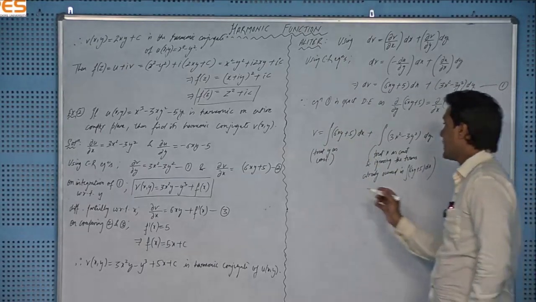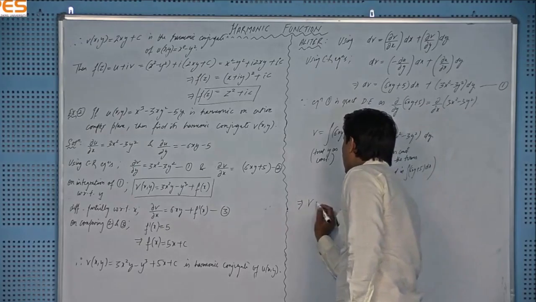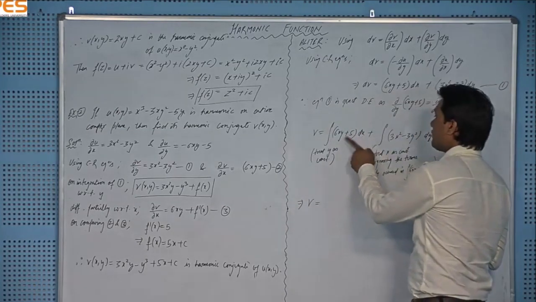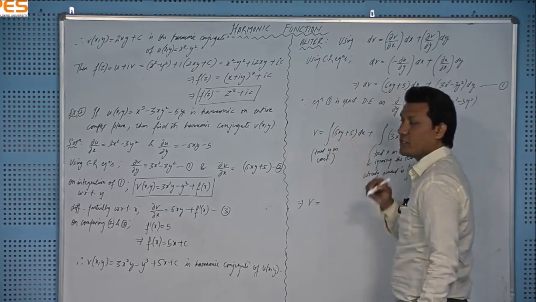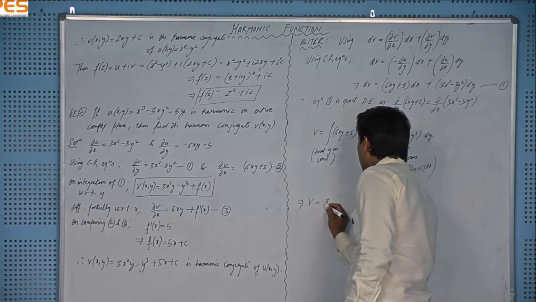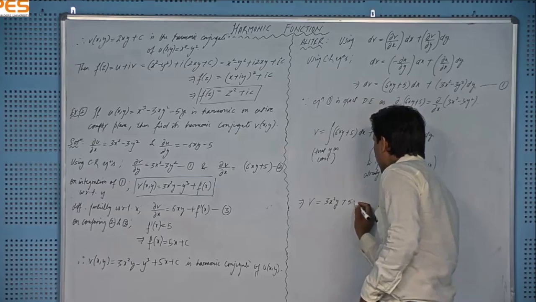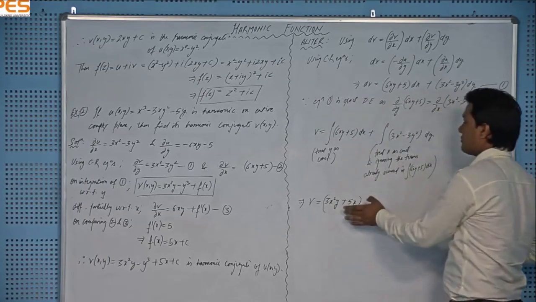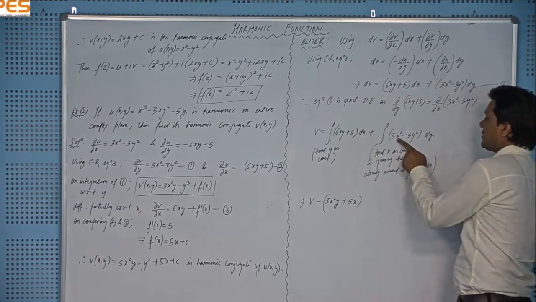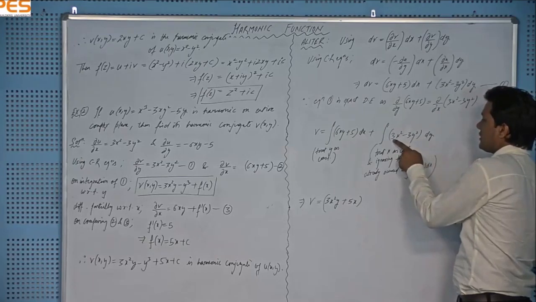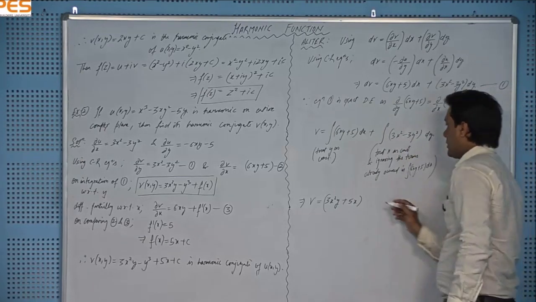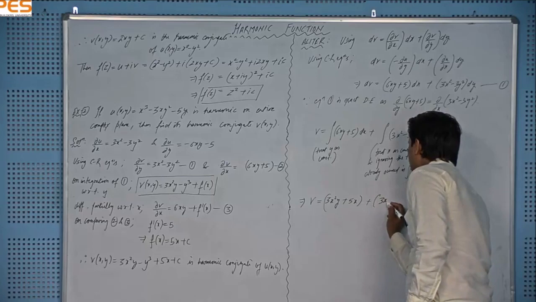Okay. Then you will get v is equal to integration of this with respect to x, which will be 6x square by 2, that will be 3x square y, and integration of 5 will be 5x. You can see that we have two terms from the first integral, and integration of the second with respect to y will give 3x square y.